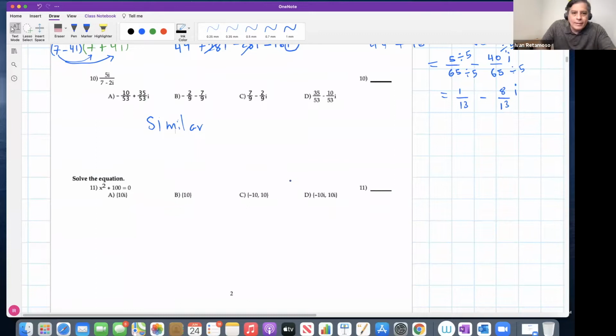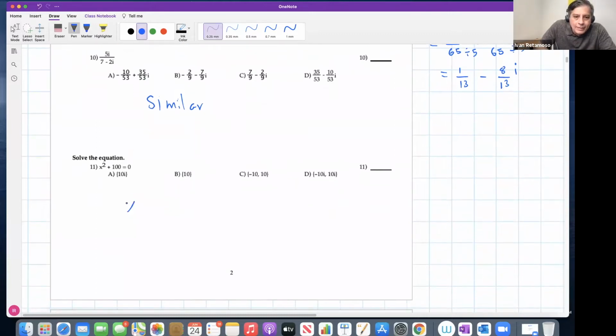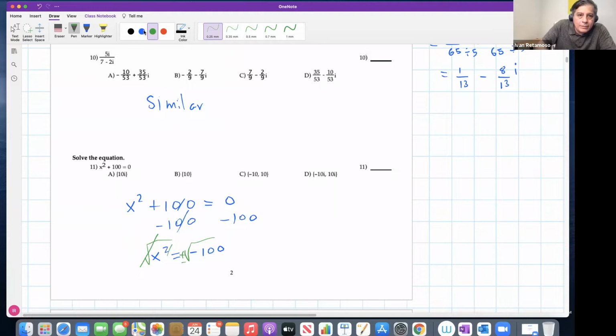This one, solve this equation, right? For the sake of variety, let's just do it quickly. Solving this equation can be done by subtracting 100 in both sides, right? Here 0, here minus 100. Then we take square roots in both sides, right? Plus minus here, remember, this square root takes care of the exponent, so we get x equal plus minus the square root of minus 100.